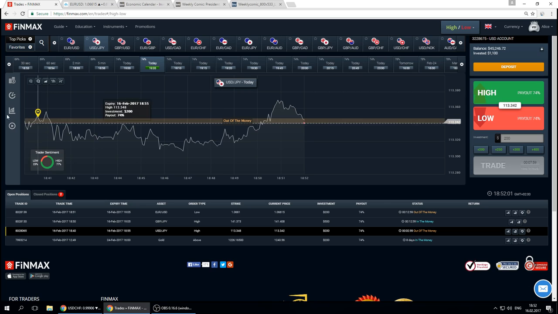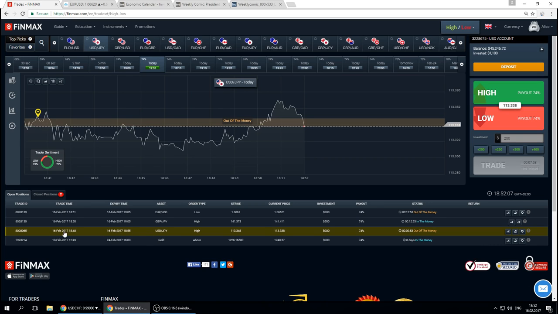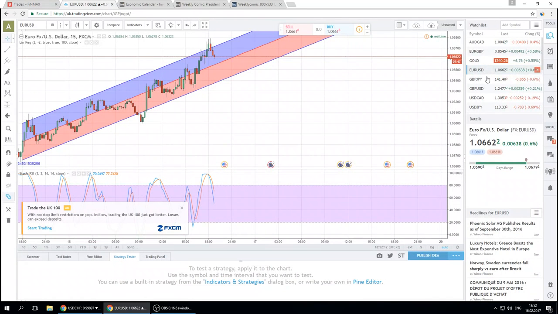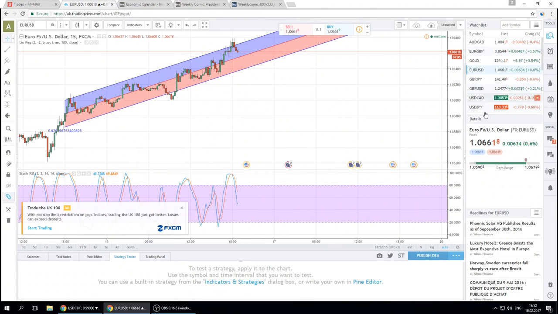So this one here is a really thin line between the price when the trade was opened and the current price. So we need to wait to see the further development of the situation.